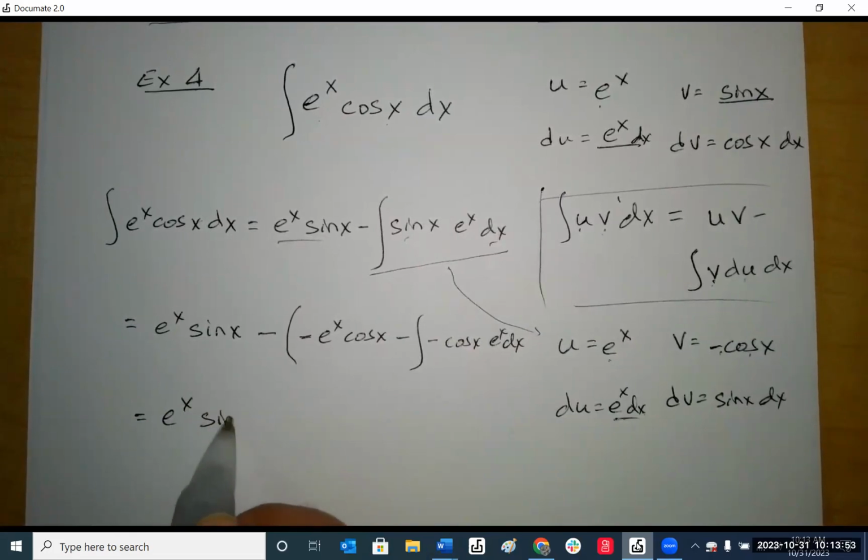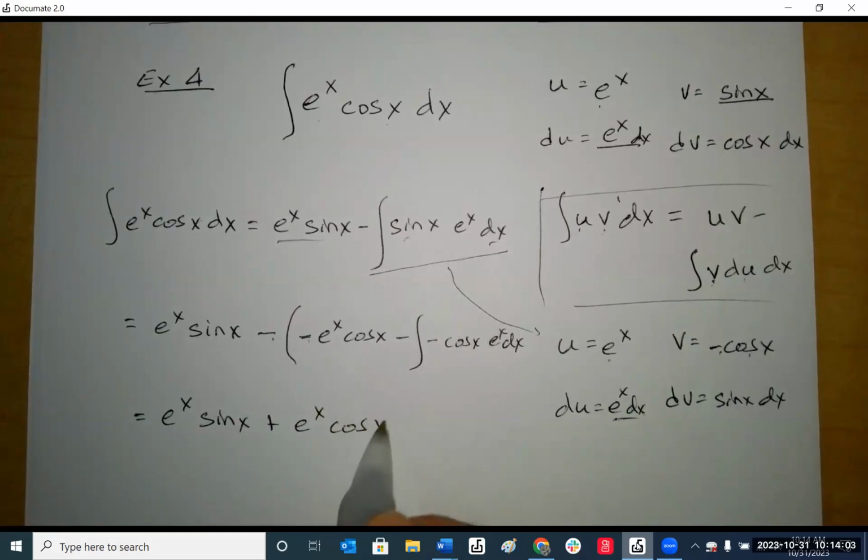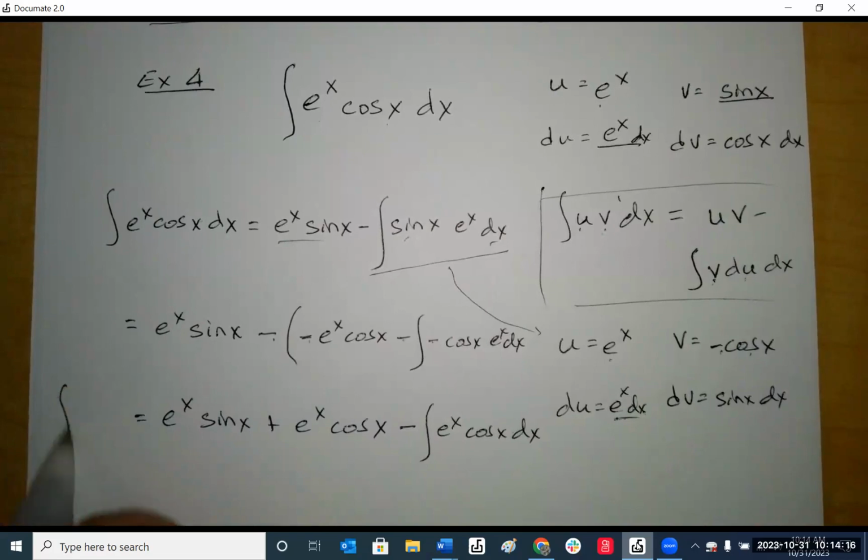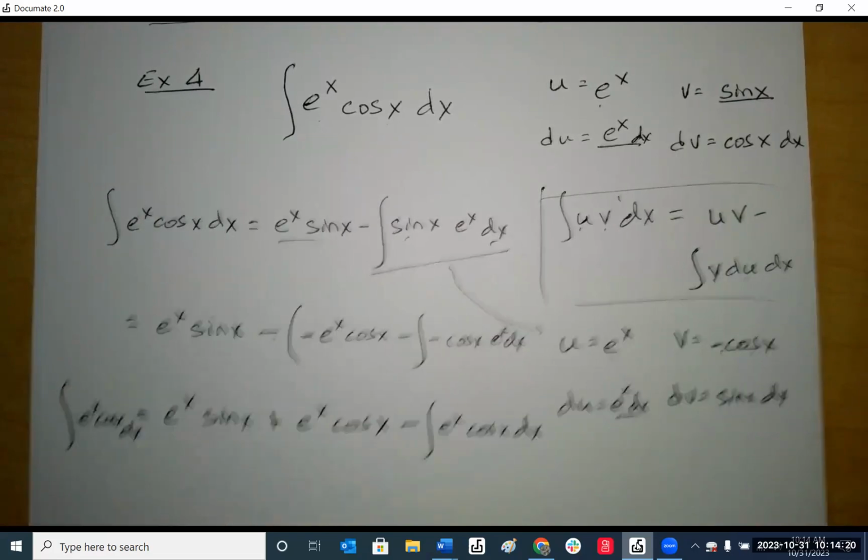E to the x sine x. That becomes a plus. E to the x cosine x. That becomes a positive. That becomes a negative. So we have the integral of e to the x cosine x dx.